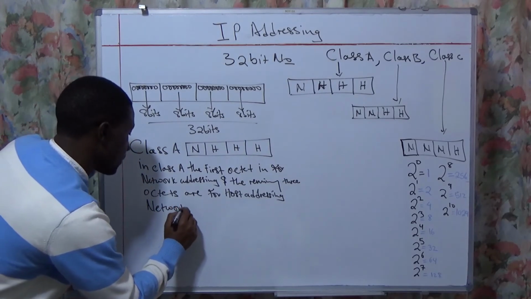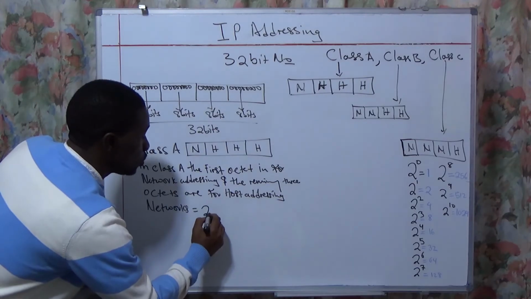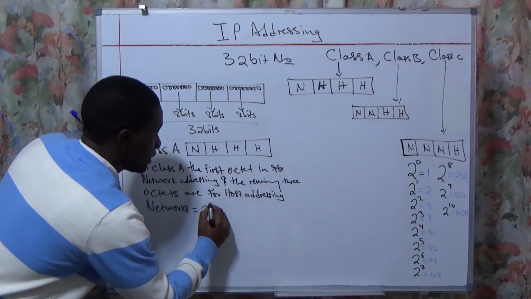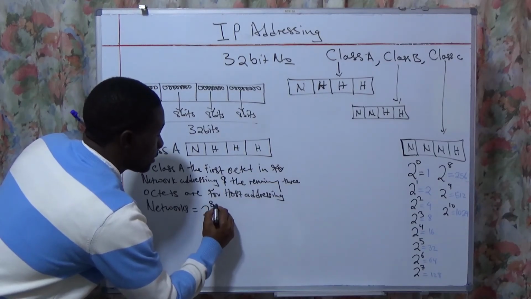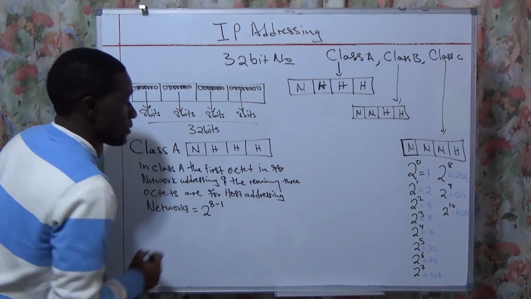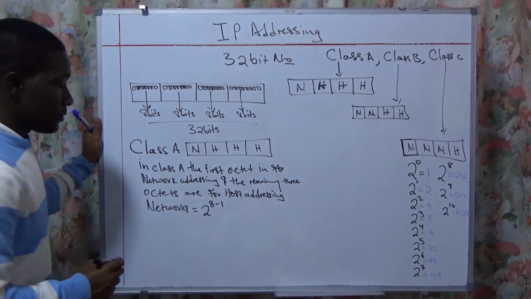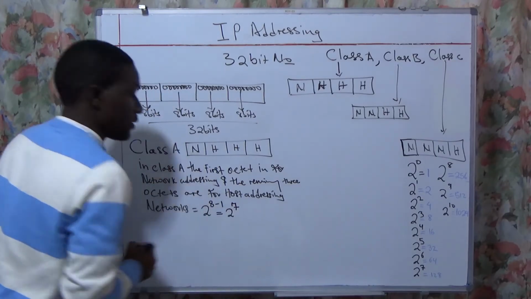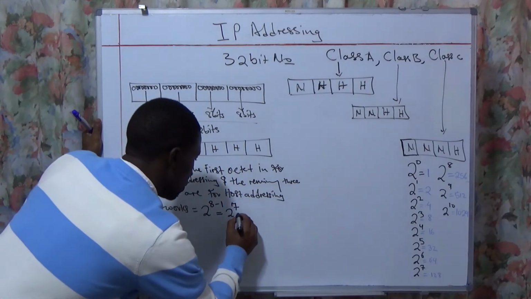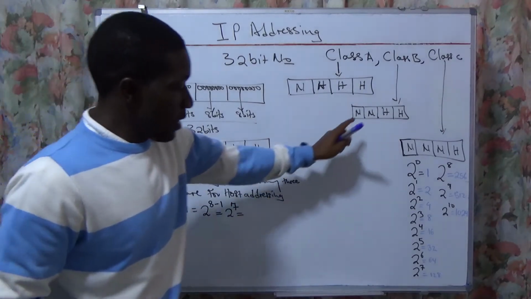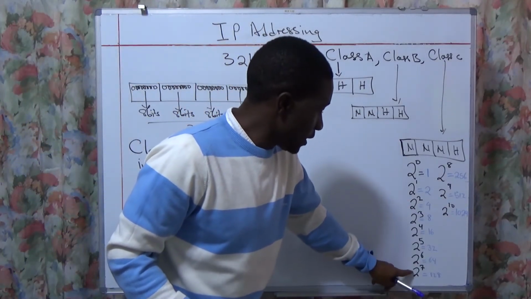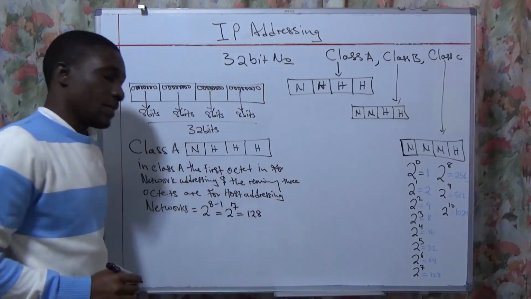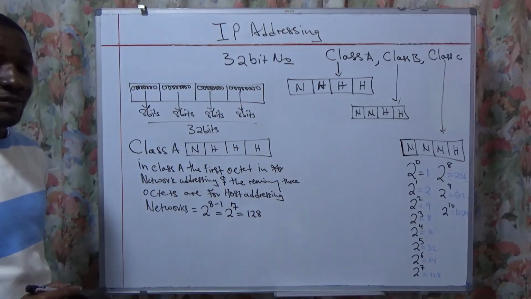Which is what? Networks equals 2 to the power 8 minus 1, which is equal to 2 to the power 7, which is 2 to the power 7 from our binary conversion is 128. That is 2 to the power 7.